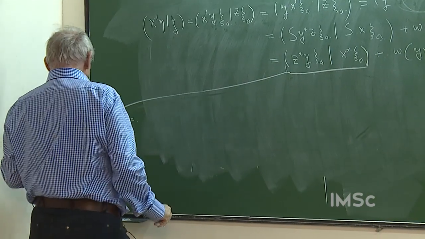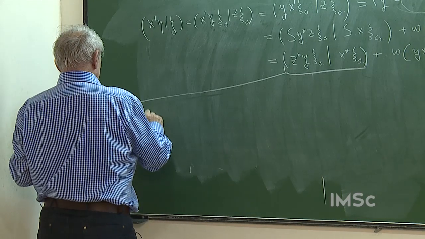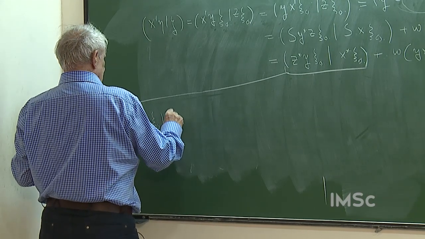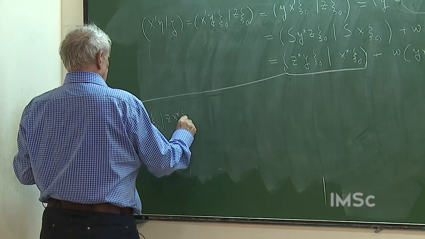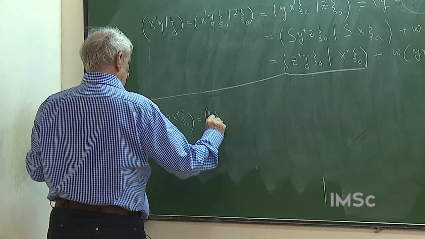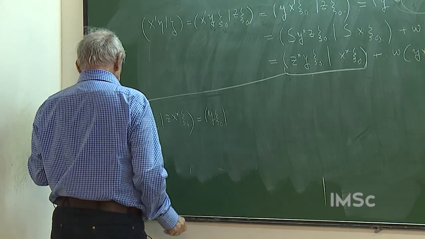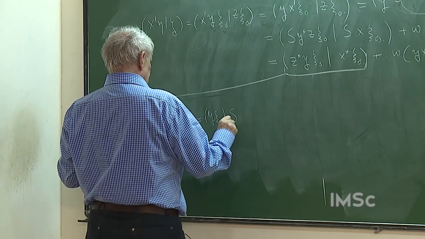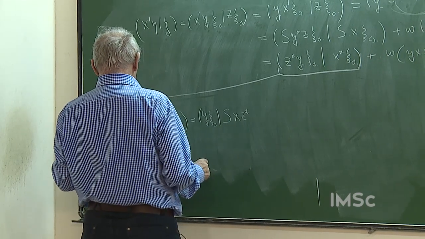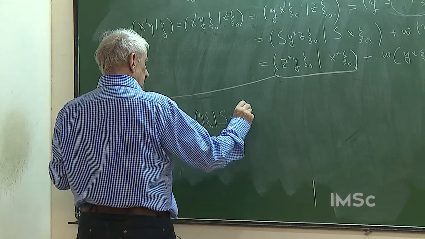It's equal to y psi naught z x star psi naught. It's equal to y psi naught times S of x z star psi naught.